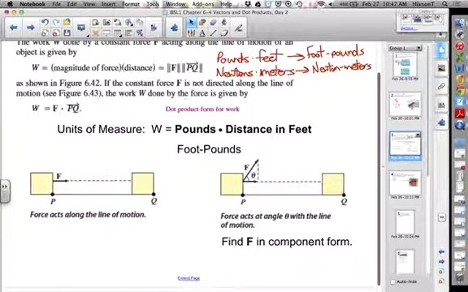However, a lot of times we're pulling on something with a force that's not exactly in the same direction where we want to go. Think about pulling a little brother or sister in a wagon. You grab the handle and you're holding the handle usually not at a perfect horizontal, or else you have to kind of walk like this the whole time. You're usually pulling it at an angle behind you.